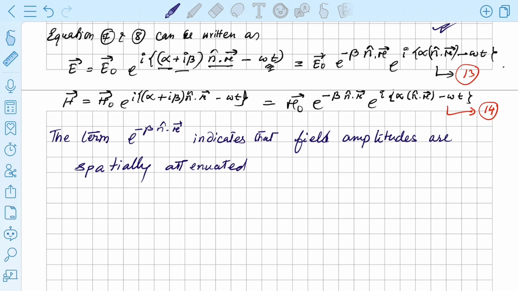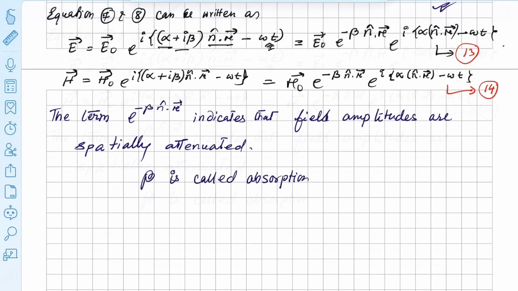So now you see, this beta is called the absorption coefficient, or absorption constant.